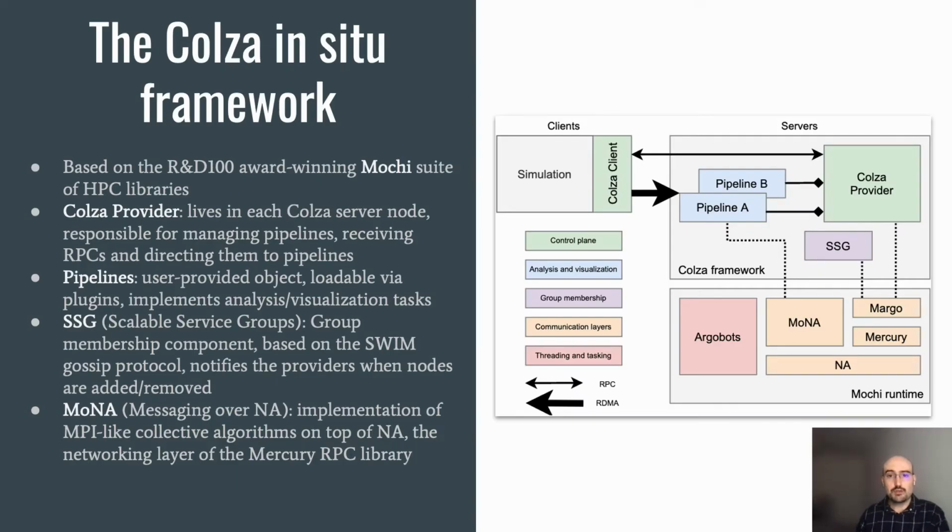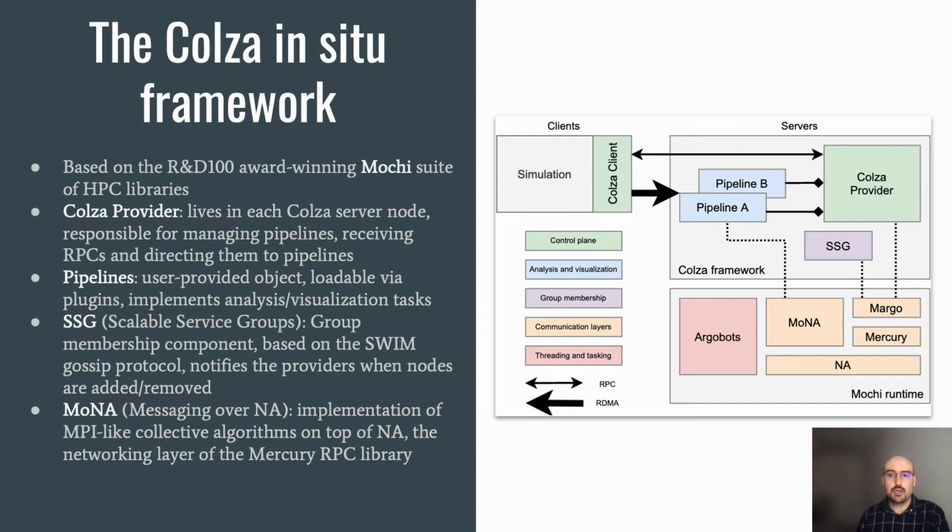So Colza is based on the Mochi suite of libraries for HPC microservices. Mochi is developed by Argonne, Los Alamos, Carnegie Mellon University, and the HGF group, and it has received recently an R&D 100 award. Internally, each process of the staging area runs what we call a Colza provider, which is an object responsible for listening for incoming RPCs from the simulation.